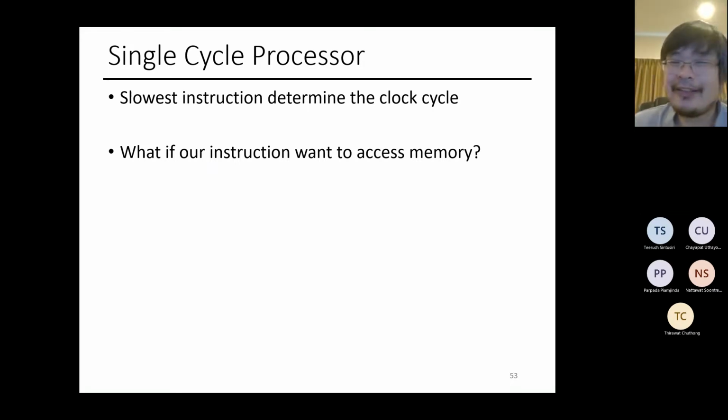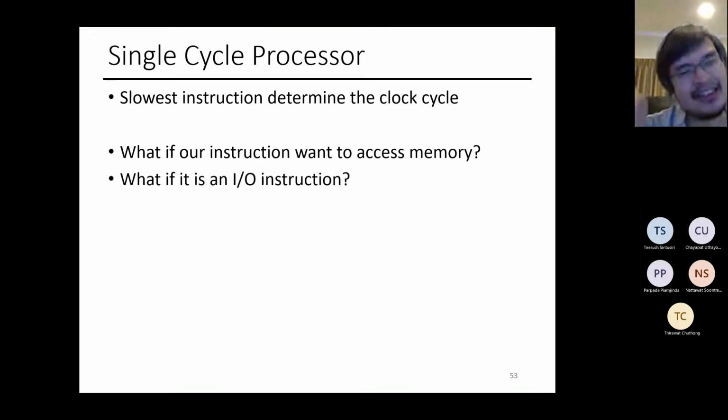Adding, multiplying takes only 1 or 2 nanoseconds, but it has to wait for the instruction that accesses the memory. So now every single instruction has to be held off until I can guarantee that, if I have a load instruction, it also takes 100 nanoseconds, and it has to make sure it passed that.